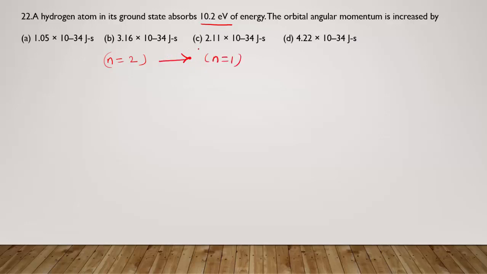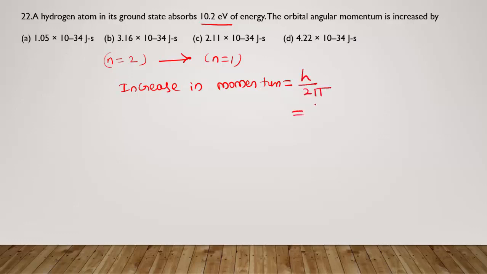A hydrogen atom in the ground state absorbs 10.2 electron volt of energy. The orbital angular momentum is increased by how much? The angular momentum is an integral multiple of nh divided by 2π, so the increase in momentum is equal to only h divided by 2π.